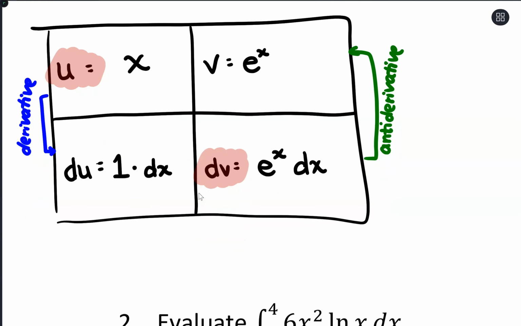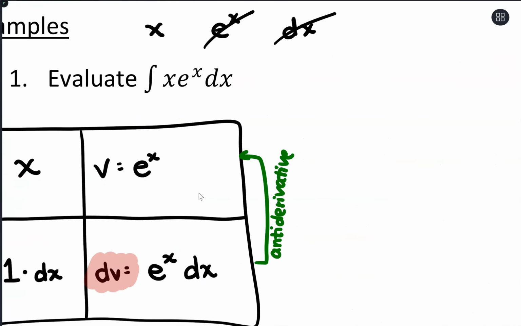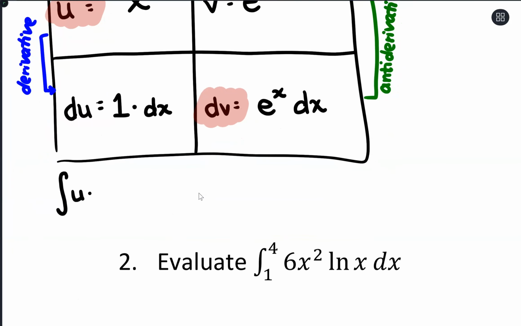Okay, so now what we can do is, if we're able to reframe this antiderivative as, oh, I need to remember what the rule is, u dv, then we can simplify by taking u times v minus the antiderivative of v du.